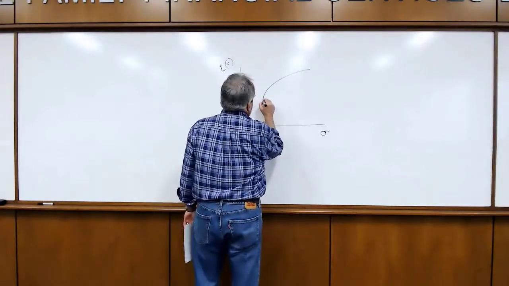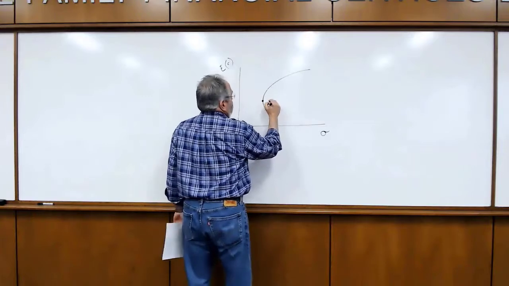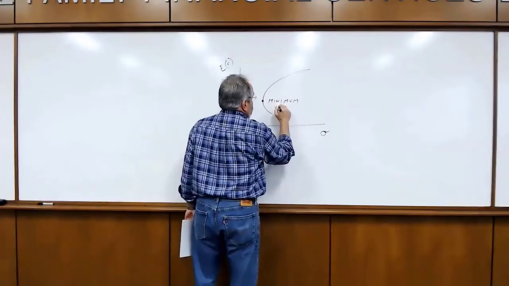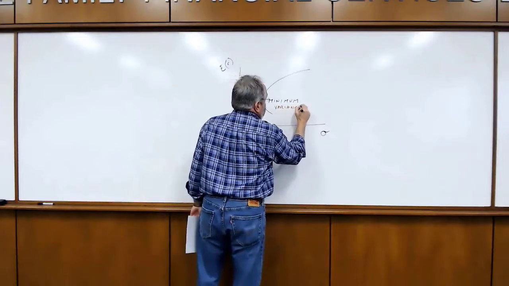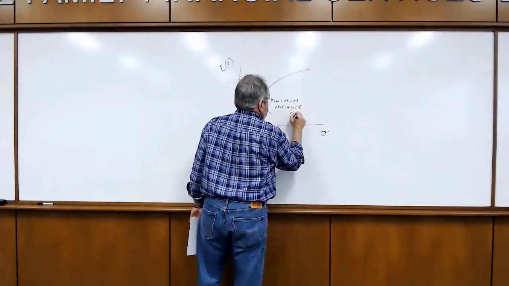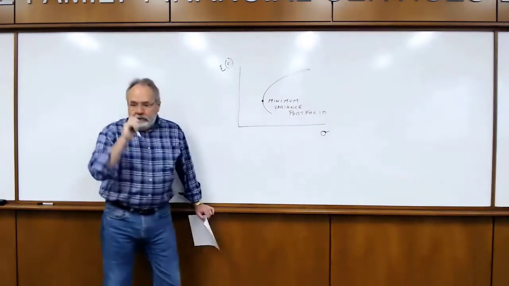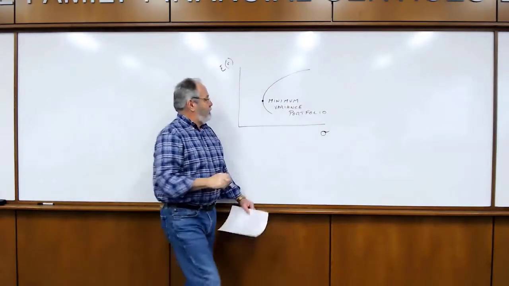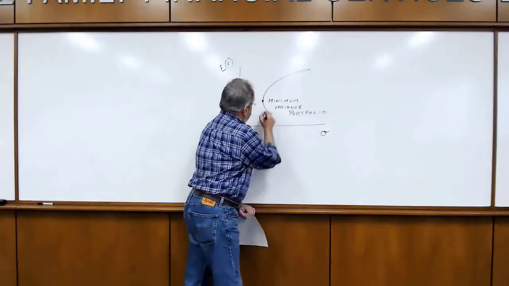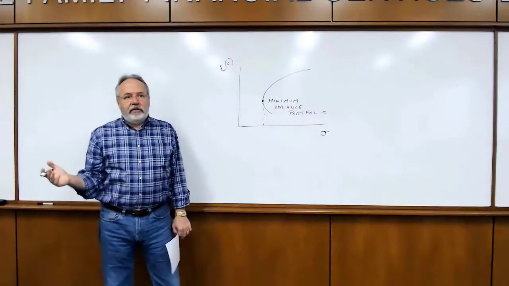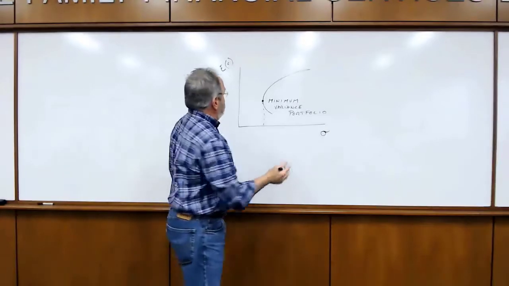Anyway, this would be the minimum variance. And so we have a minimum variance portfolio where the standard deviation or the variance of this portfolio is as small as it can be.